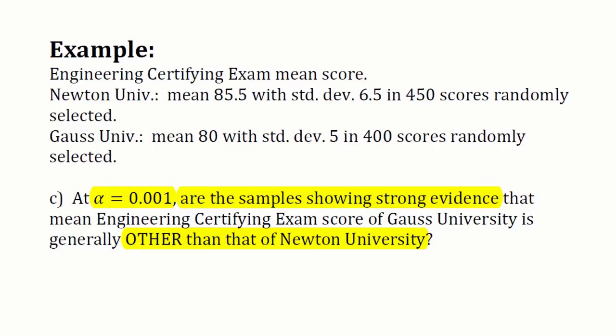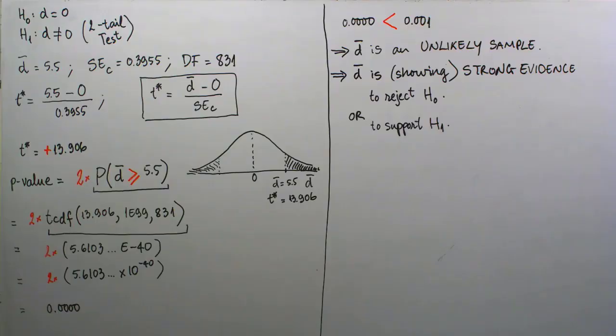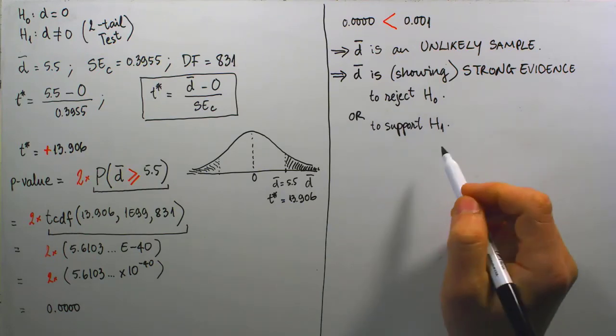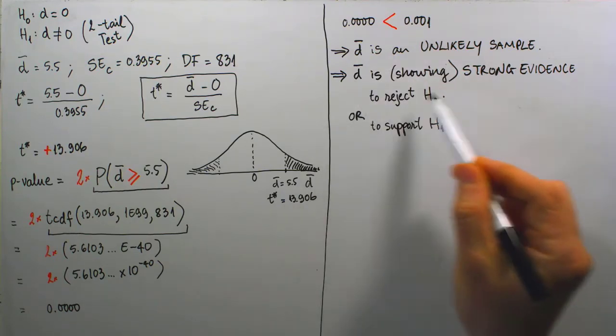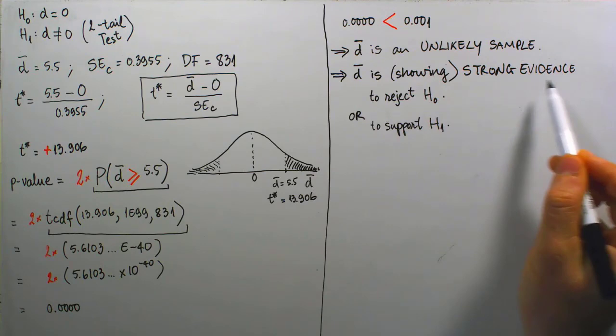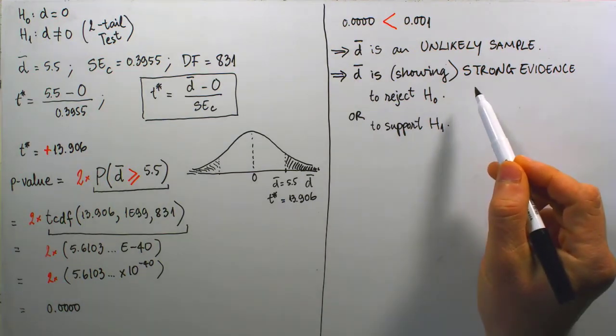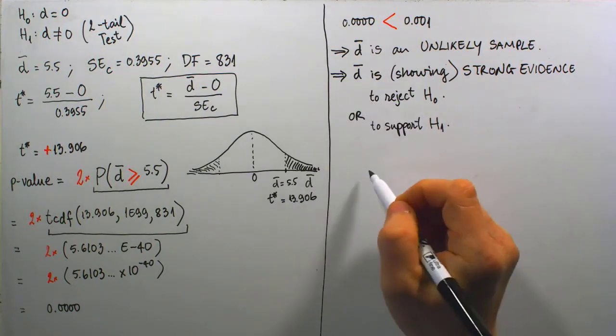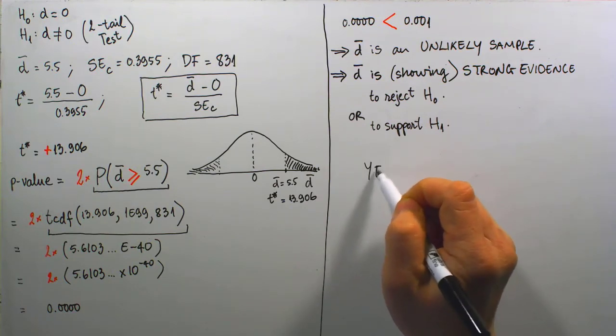And ultimately, as a yes or no question, as stated here, are the samples showing strong evidence? We have now verified that we have strong evidence from our sample value. Then ultimately the final answer to this question is yes.